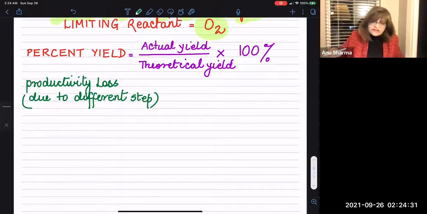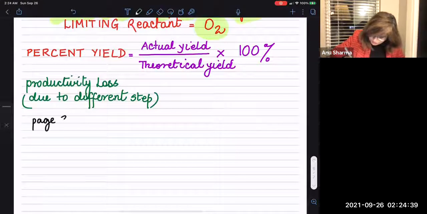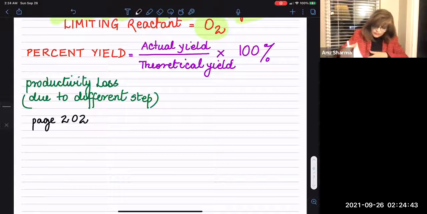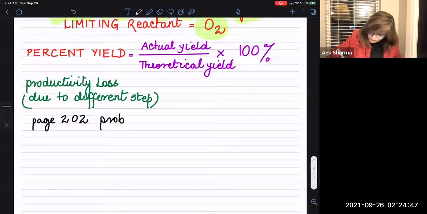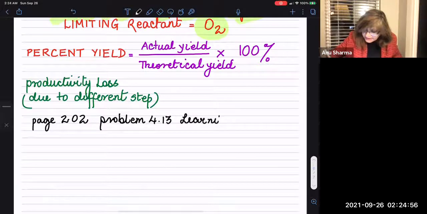Okay, so now let's look at this problem, which is on page 202, problem 4.13. Again, this is a learning check problem.